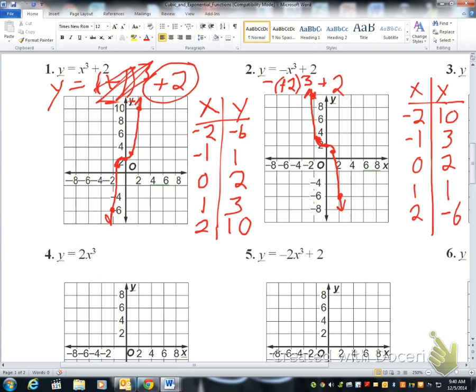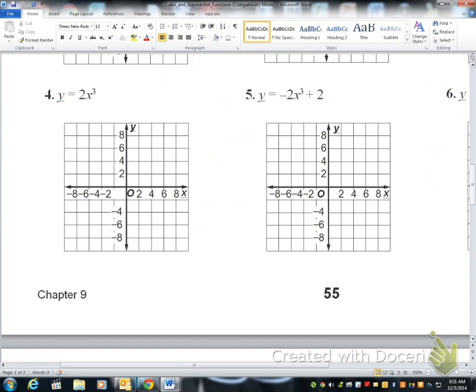So let's look just really quickly. We're going to make notes on the remaining ones on this worksheet. So let me do that real quick. All right, so looking at number 4. Number 4 is going to cross through where? 0, right? Because we're adding nothing. There's no d value, right?